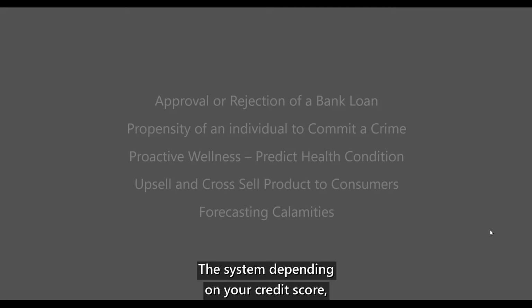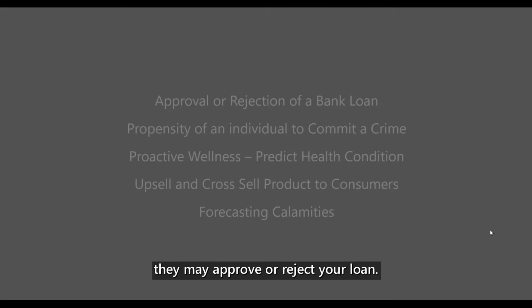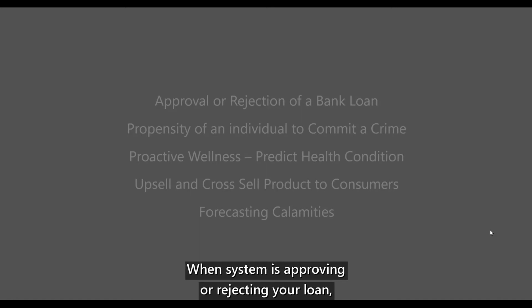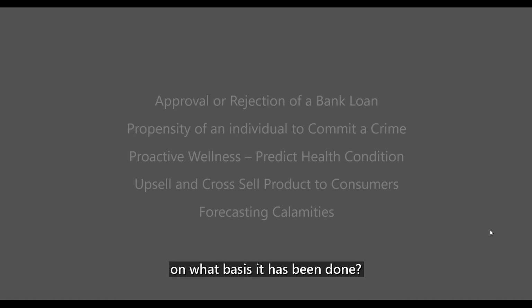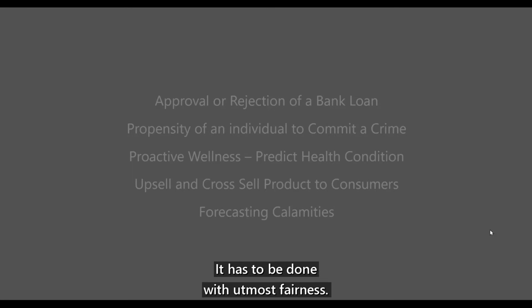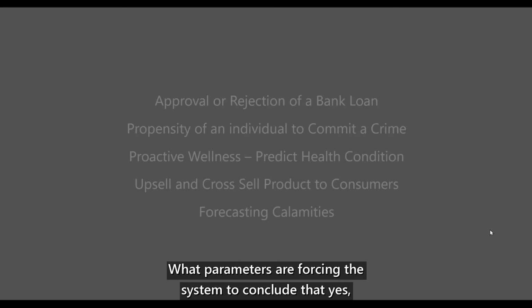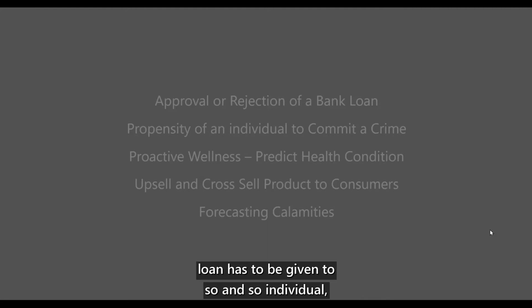Depending on your credit score, the system may approve or reject your loan. When the system is approving or rejecting your loan, on what basis has it been done? It has to be done with utmost fairness. What parameters are forcing the system to conclude that the loan has to be given to so and so individual, or should not be given to the individual? On what basis? That transparency is so critical.